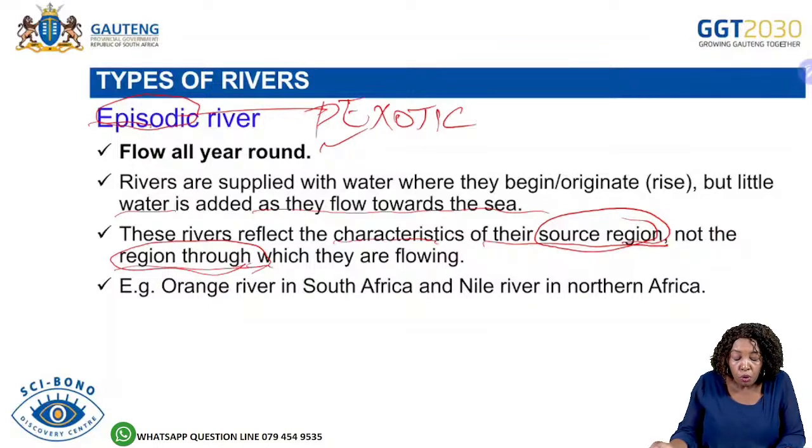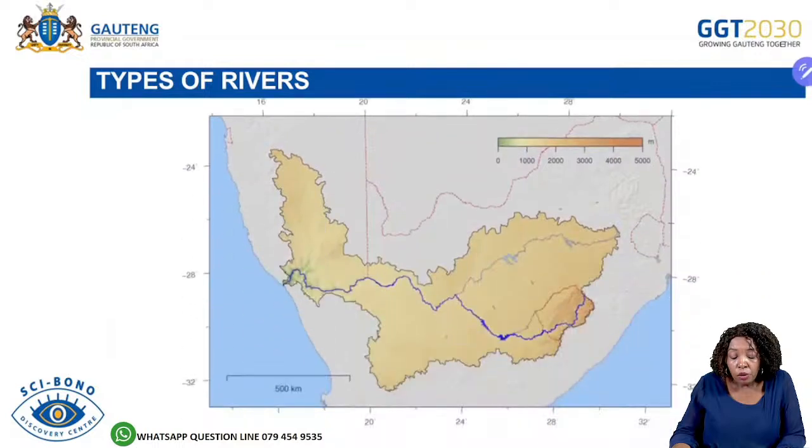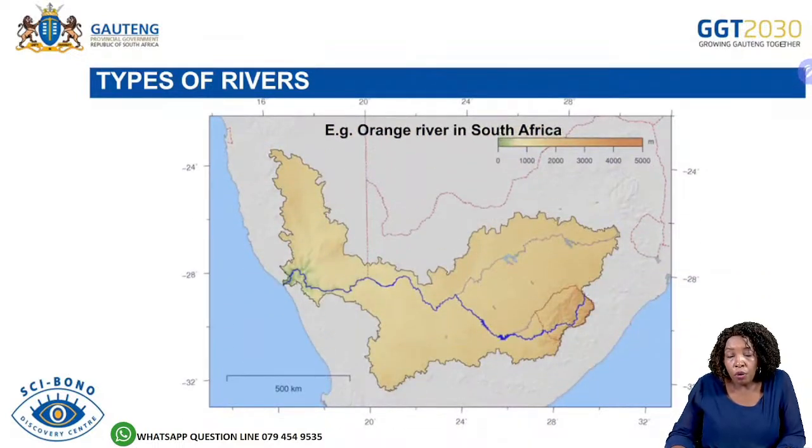Right. So the example of a river that we say would be an example of an exotic river is the Orange River in South Africa, and north of Africa we would be looking at the Nile River. Okay. So let's look at this explanation of a typical exotic river that we can see in the illustration here.